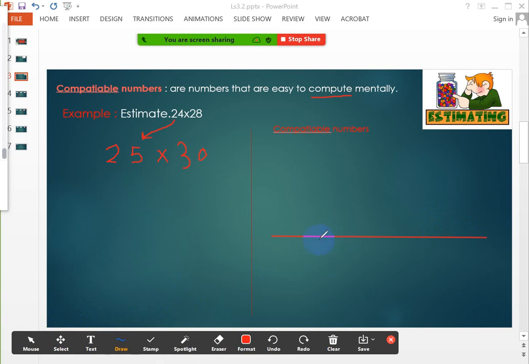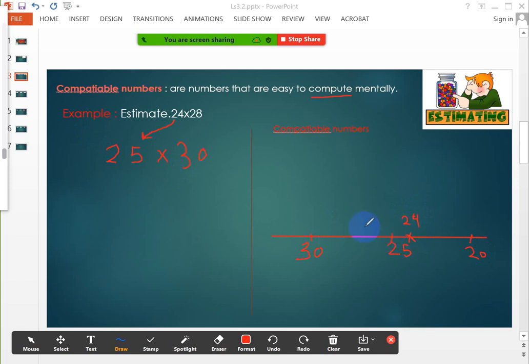Here I have 30, here I have 25, and here I have 20. So 24 is right here. It's close to 20 or 25. It's close to 25, right?